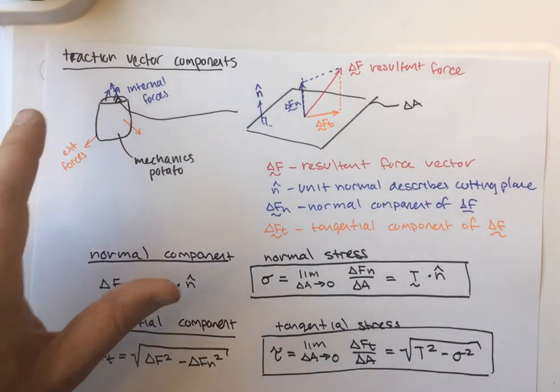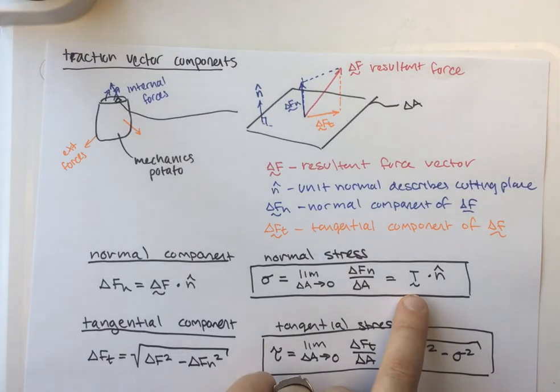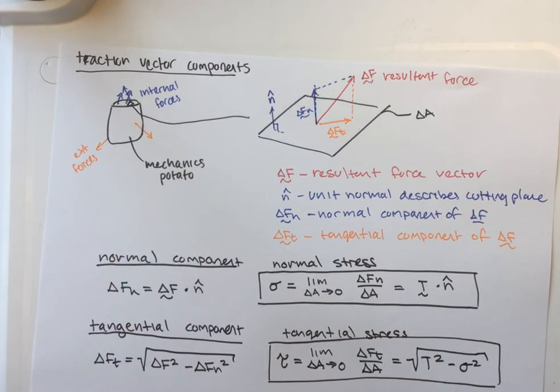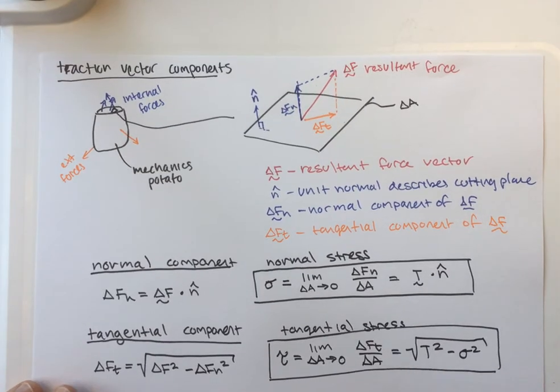So now, if we can determine the traction vector, t, at a location, we can compute the normal stress and the tangential stress. And if we want to turn those into vectors, so this would be the normal stress vector, that's just equal to the value sigma, so it just scales the normal unit vector.